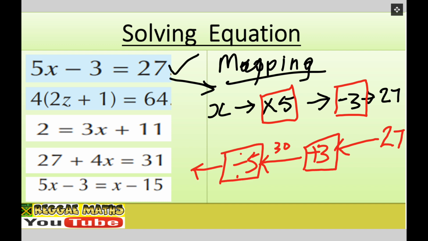So what's your answer now? 5 into 30 goes 6. So x equals 6. That's known as the mapping way. Let me briefly go through this again to reinforce the point.